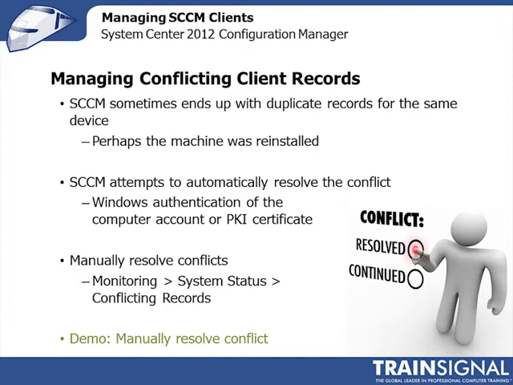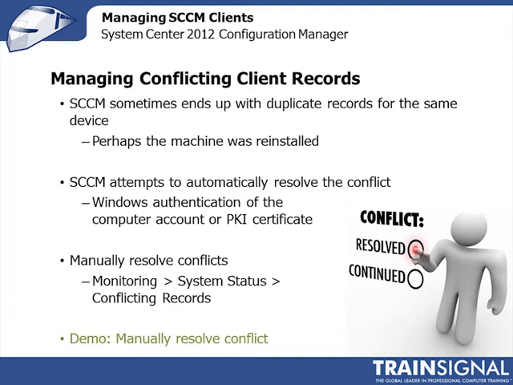For whatever reason, you end up with duplicate records from time to time. Configuration Manager will attempt to automatically resolve the conflict. It'll use Windows authentication of the computer account or the PKI certificate in an attempt to identify which record is the right one. You can also manually resolve conflicts by going to Monitoring, System Status, Conflicting Records.